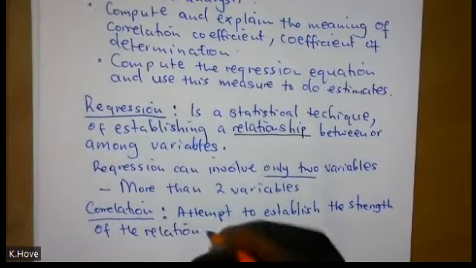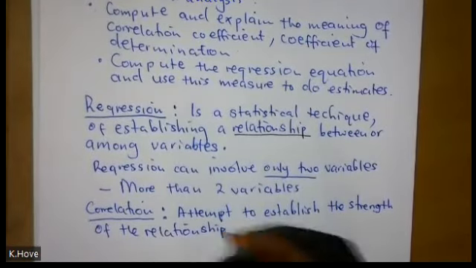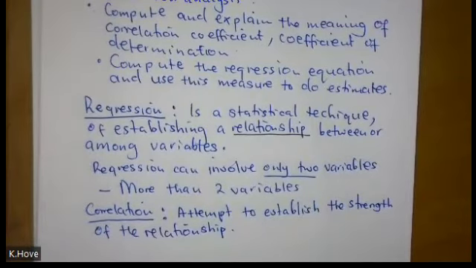Now here, what is clear is that in regression, we establish whether there is a relationship. So correlation is to establish how strong is that relationship.